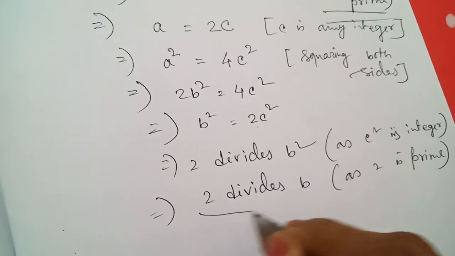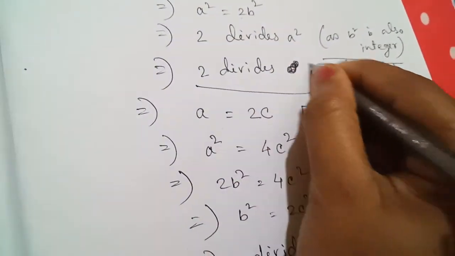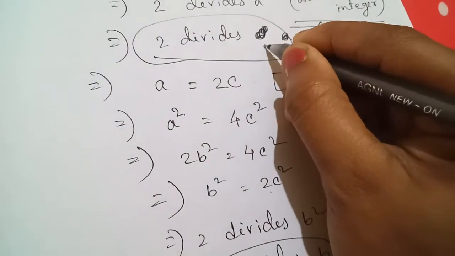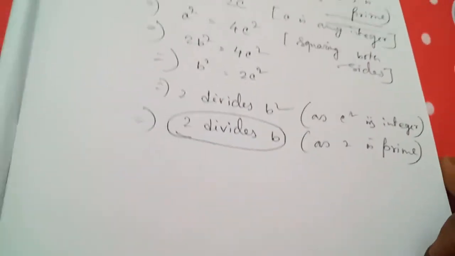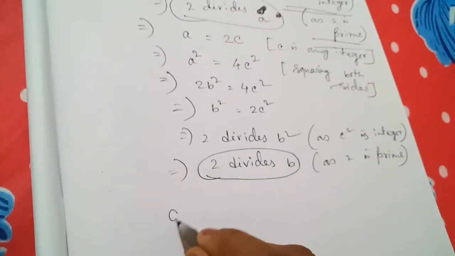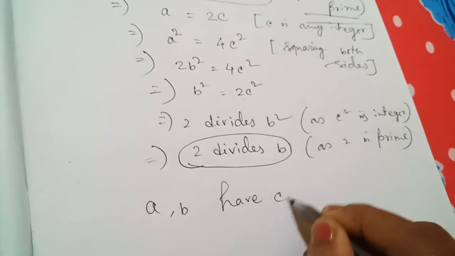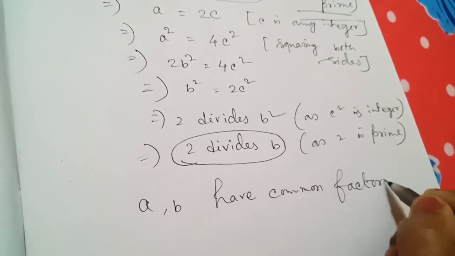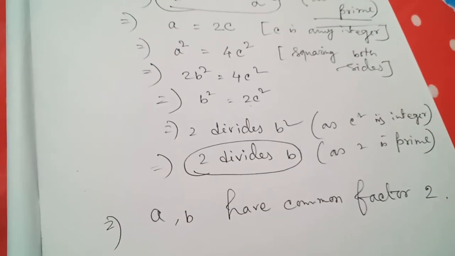Now look, 2 divides B, 2 divides A, 2 divides B and 2 divides A. That means what? It means A, B have a common factor 2, right? Common factor 2.